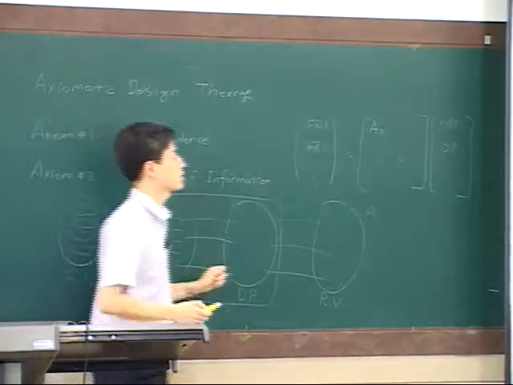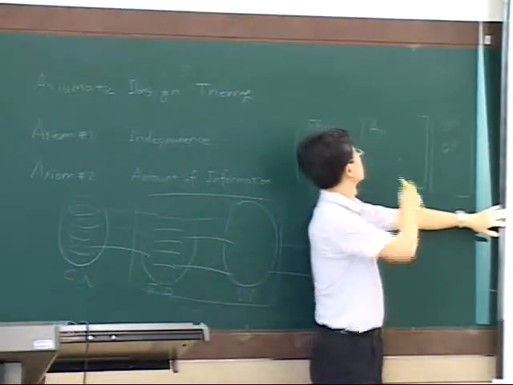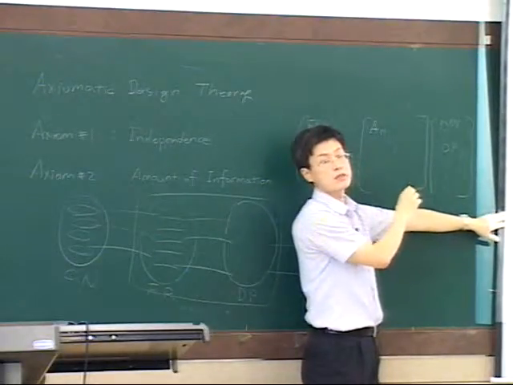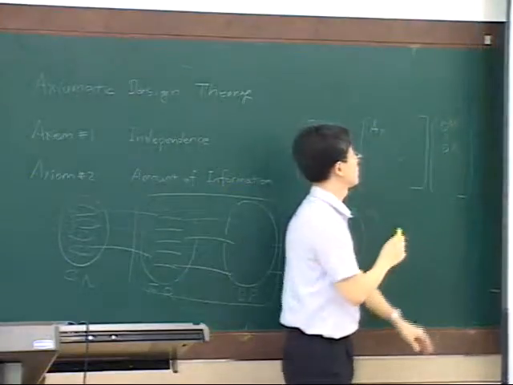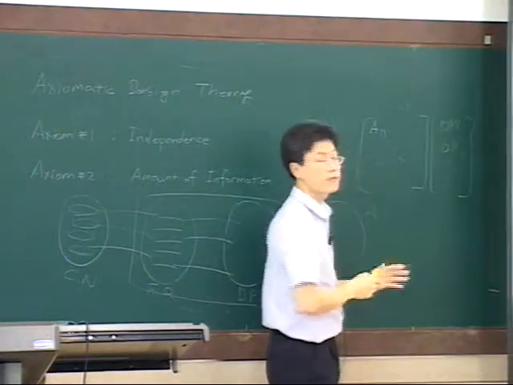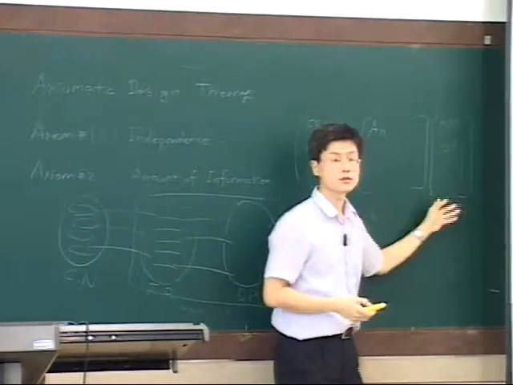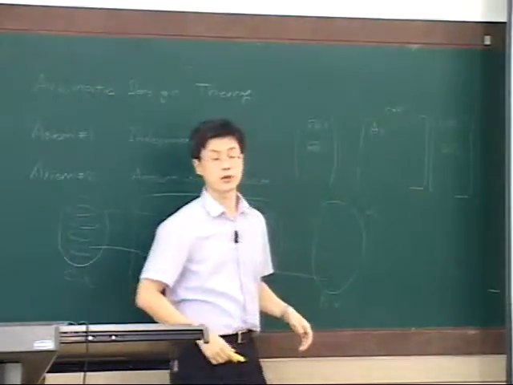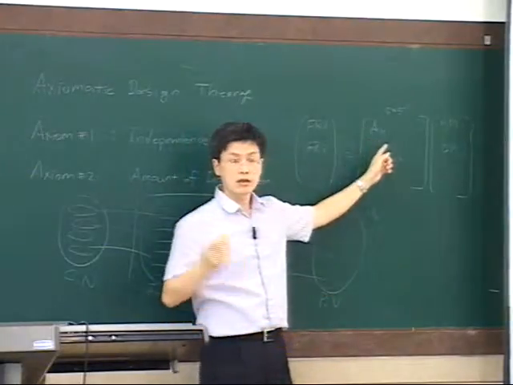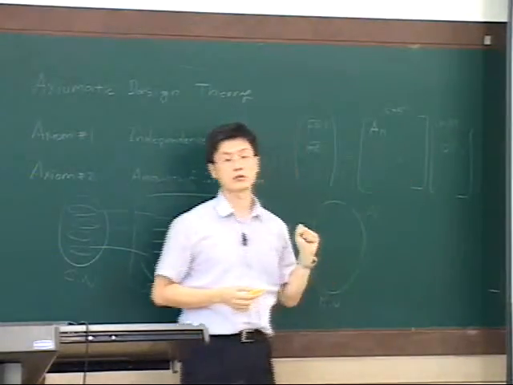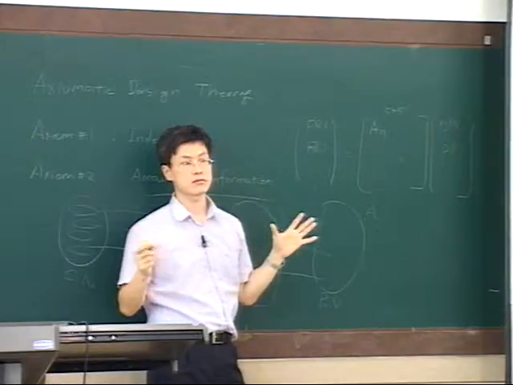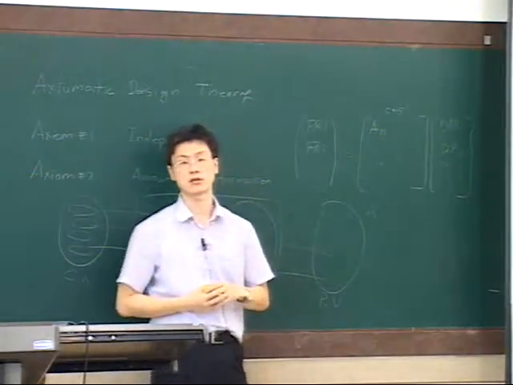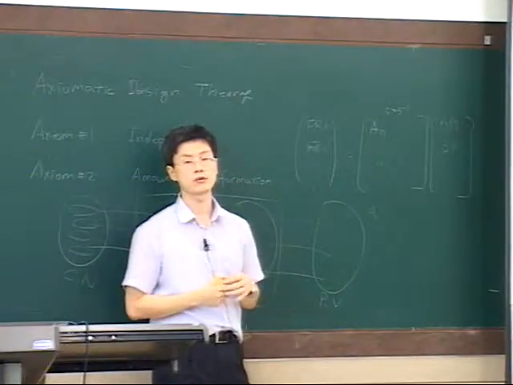Uncoupled, I mean, is that things are uncoupled in this matrix. For example, if you have 5 FR, 5 DP, you will have this 5 by 5 matrix, and assume that all 25 elements are not 0, which means they have some relationship with each other, then it is a totally coupled design.